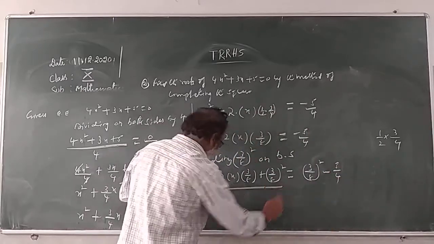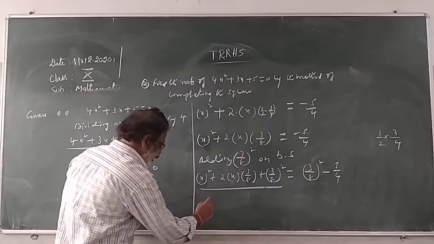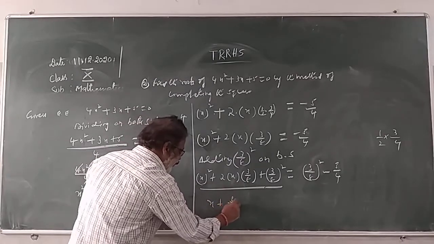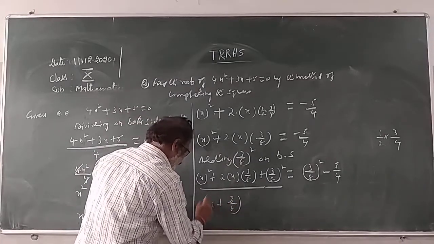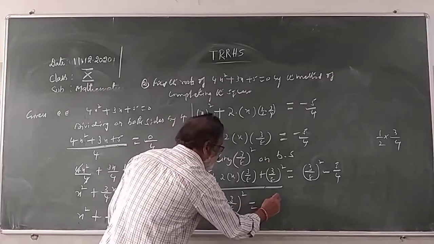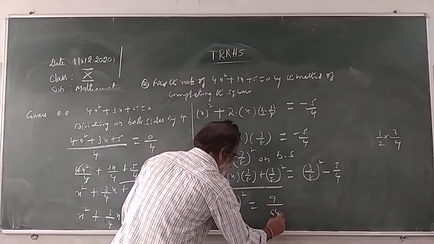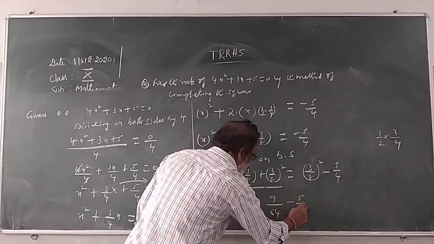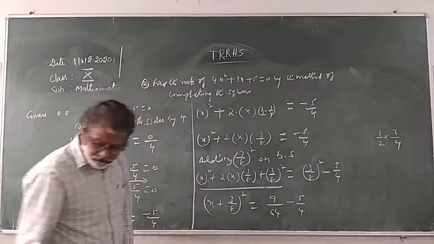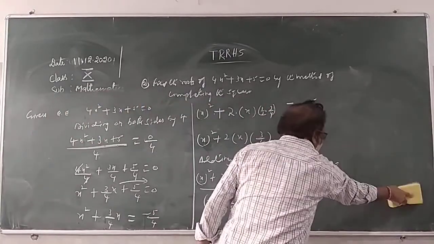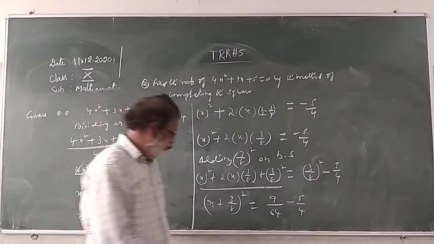Now this is in the form of a square plus 2ab plus b square, which is a plus b whole square. X plus 3 by 8 square is equal to 3 square 9, 8 square 64, minus 5 by 4. So this is the figure. Now we simplify.